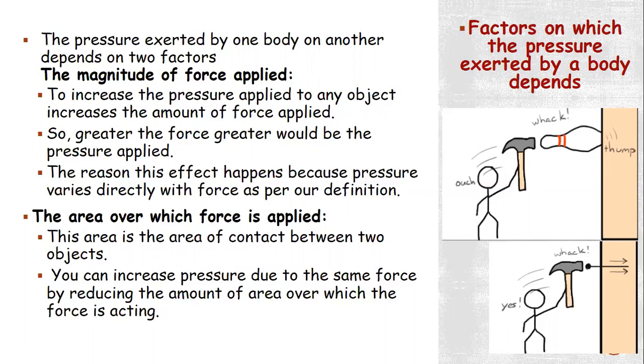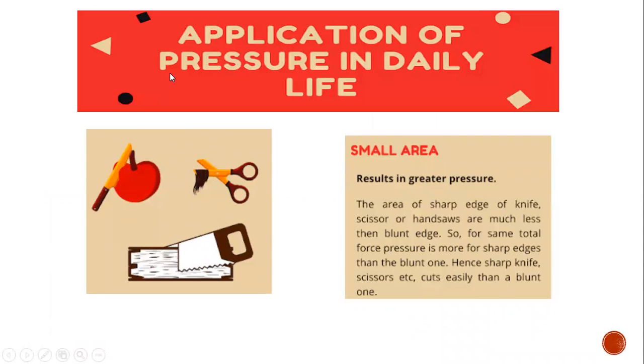But if you try to insert it from the flat side, it will not. The more the area, the more difficult it is to insert the nail into the wall. So the lesser the area, the more the pressure. They are inversely proportional.